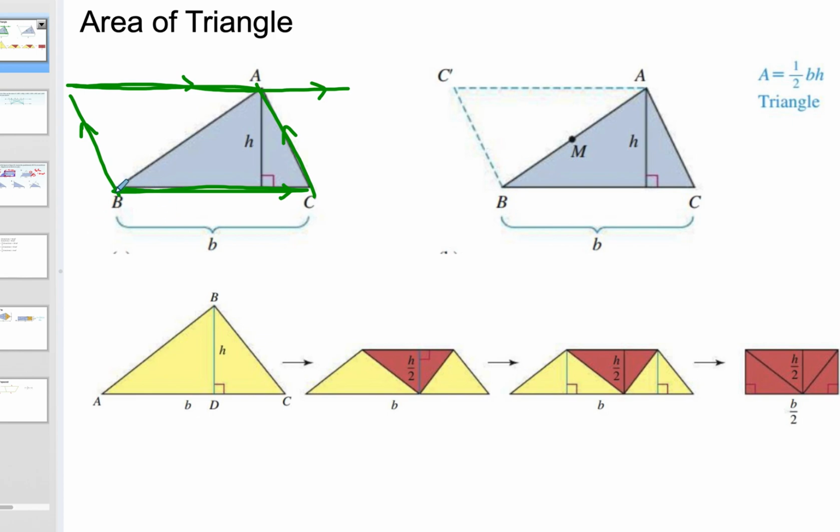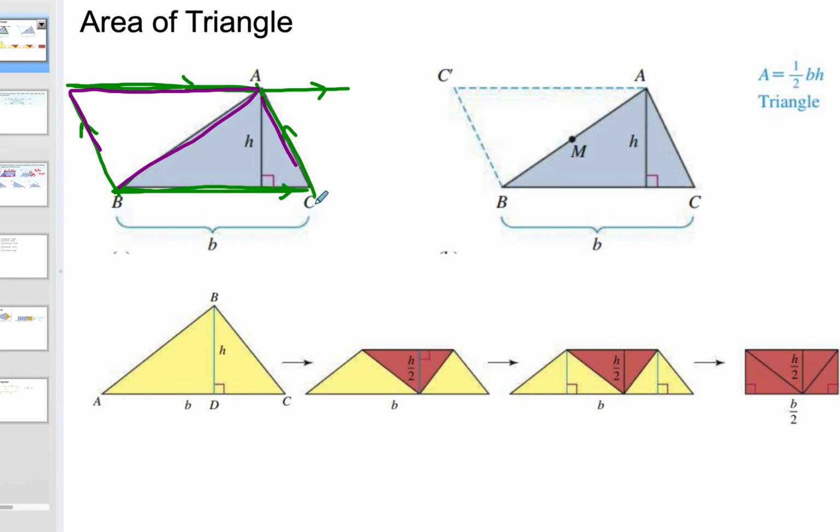And then I cut diagonals here. Then I can make two exactly same size of triangle, one up here and one down here. So these two triangles should have the same size of area, right?